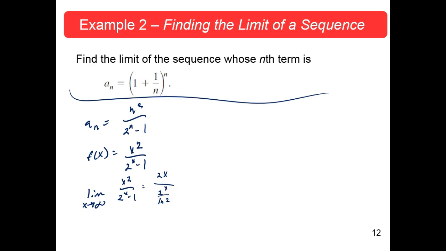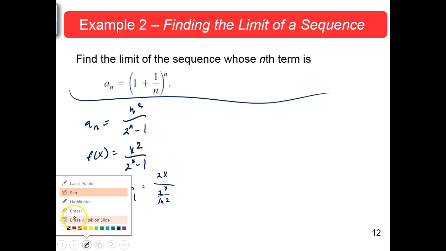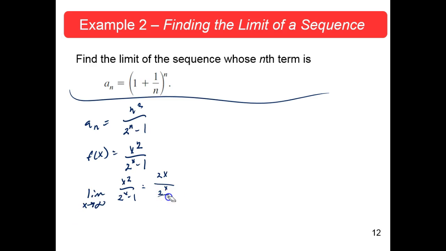And that is... Oh, it's multiplied, not divided. Sorry. 2 to the x times log 2. I was integrating, not differentiating. Okay. Log 2 times 2 to the x.